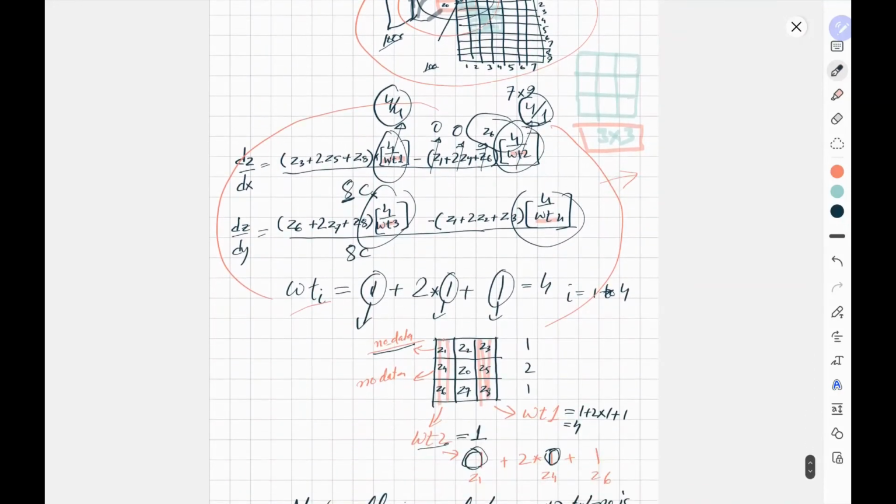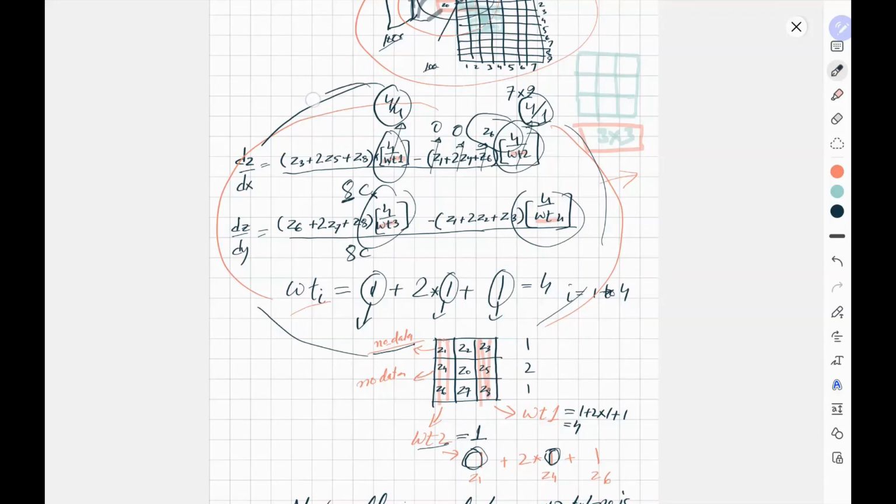This formulation in which you have weights is part of the spatial analyst and 3D analyst set. Okay, it is available in the 3D analyst toolbox, in surface tools of ArcGIS.